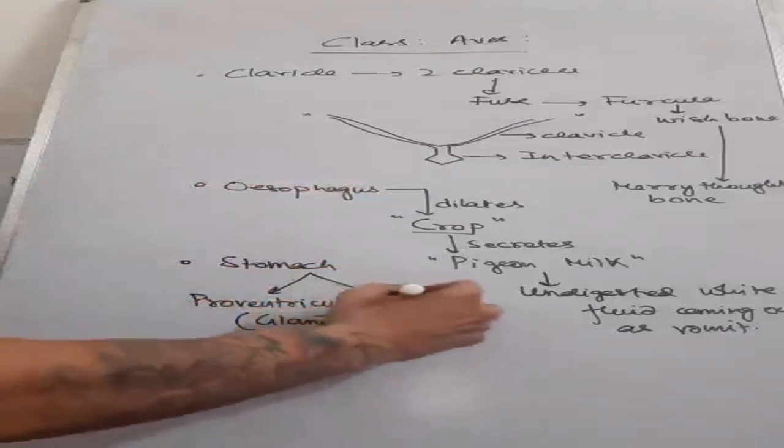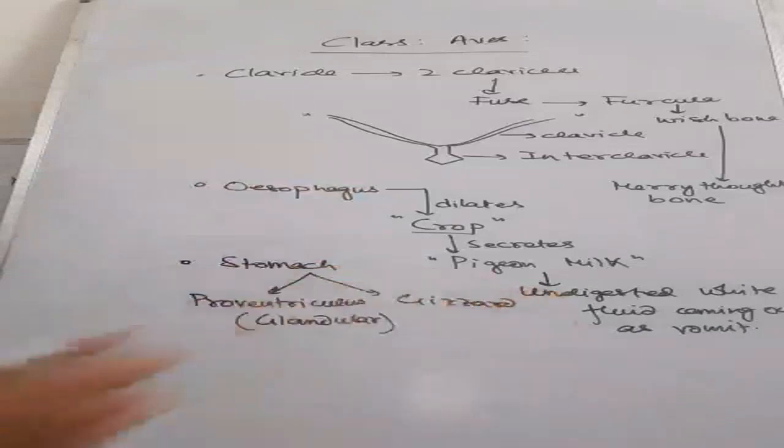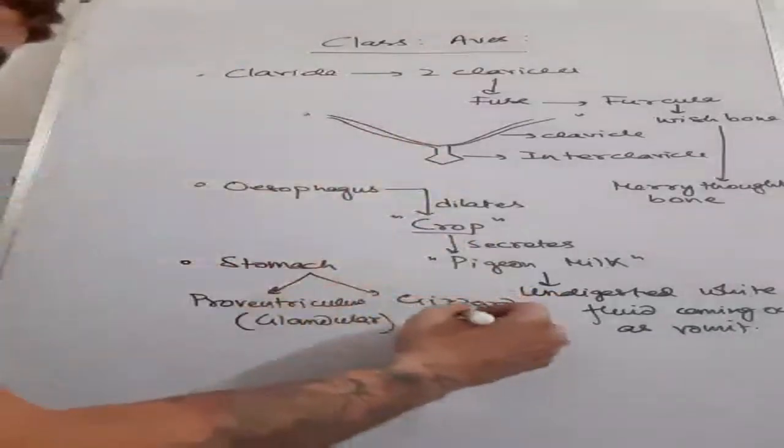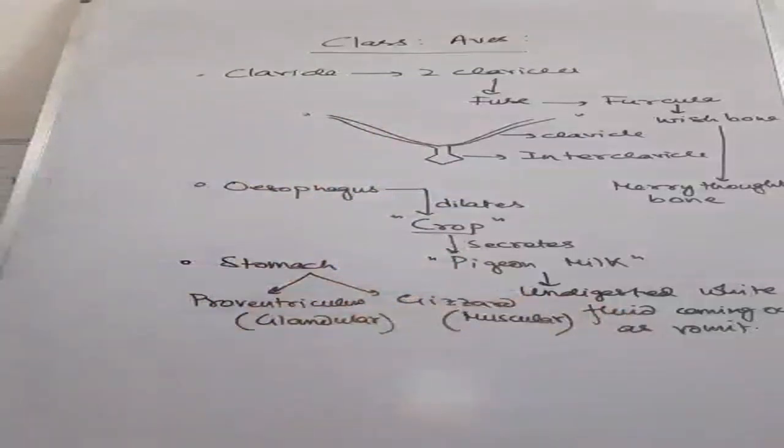And the second part is known as the gizzard. Now, what is a gizzard? Whatever food comes inside this gizzard, it churns it, the mechanical breakdown of the food. So it is very muscular in nature. It breaks down the food into small particles so that it can get digested easily.